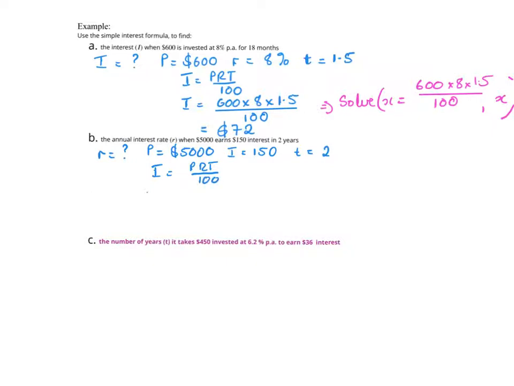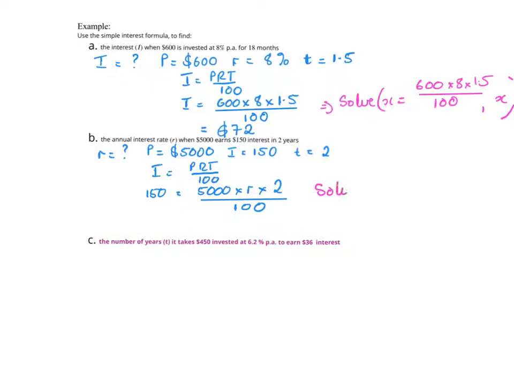Now in this case we have 150 is equal to 5,000 times R times 2, all divided by 100. Now you can rearrange that if you want, or like we said before, put it into your calculator.